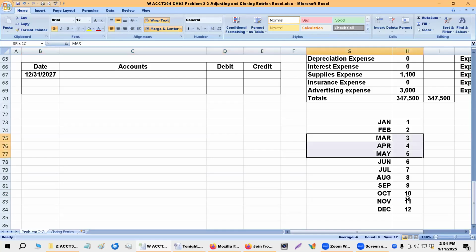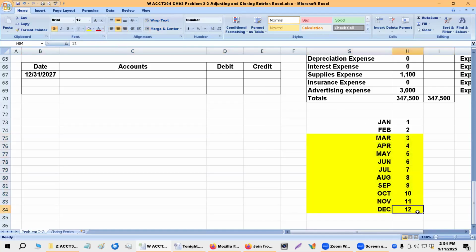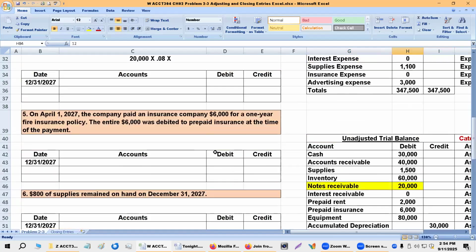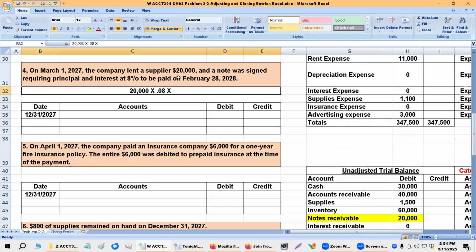They owe us for March and then all the way down here. So they owe us for what, 10 months? And I came up with, I'm going to round off to the nearest dollar, 133.3, I think.